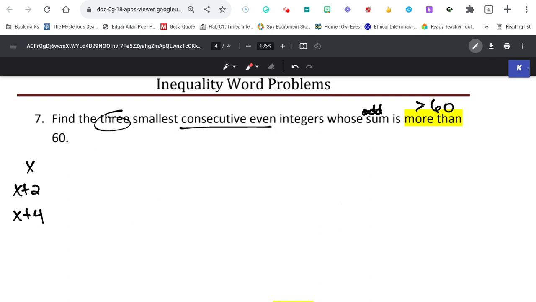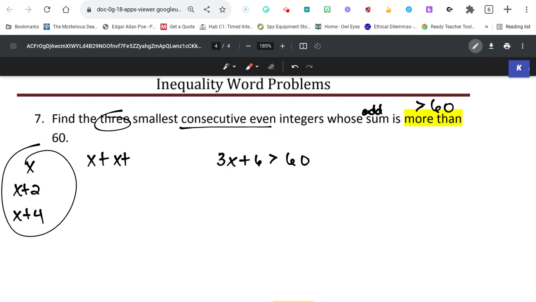So if I sum them, I have 3x plus 6 is more than 60. That's the sum. The sum is 3x plus 6, okay? Or you could write it like this: x plus 2 plus x plus 4 is greater than 60. But I prefer to just go ahead and write 3x plus 6.